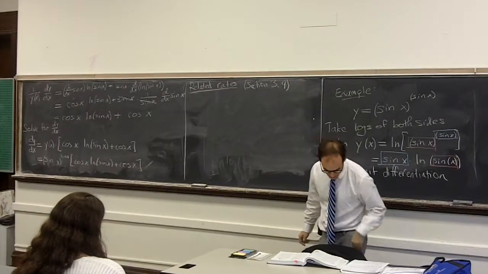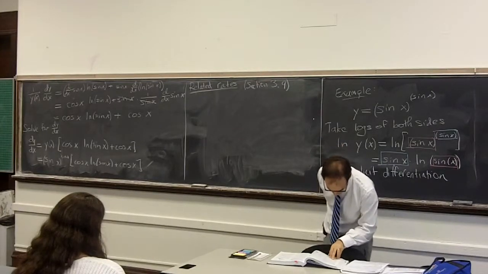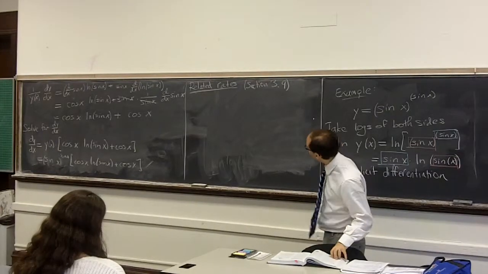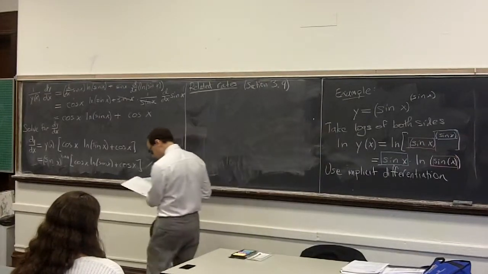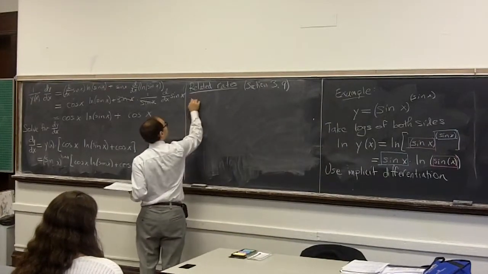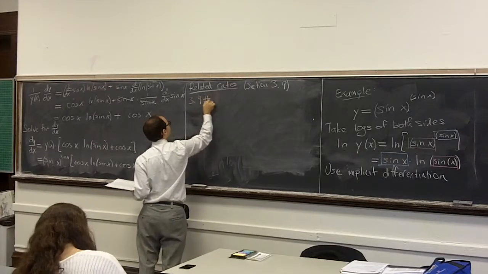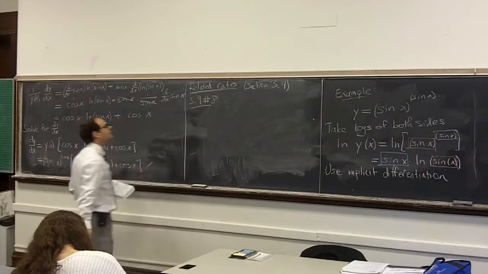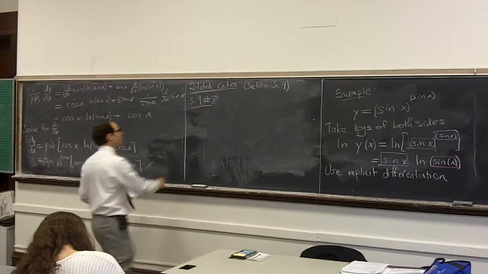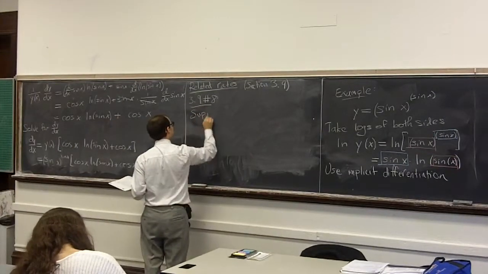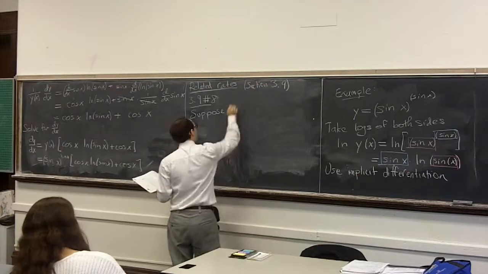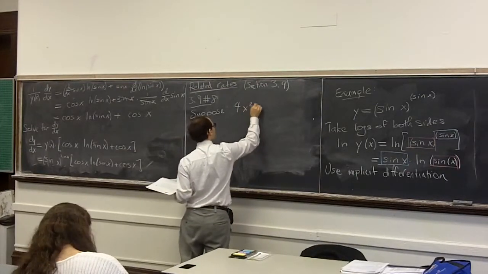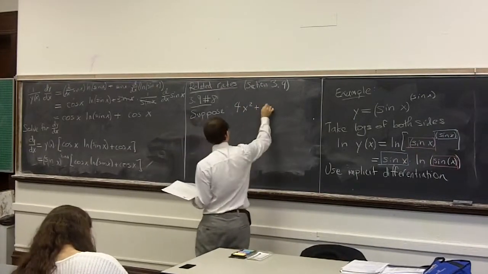So for instance, I might ask the kind of question like this, like number 8. And it says, suppose that I have a function, and it's defined implicitly.